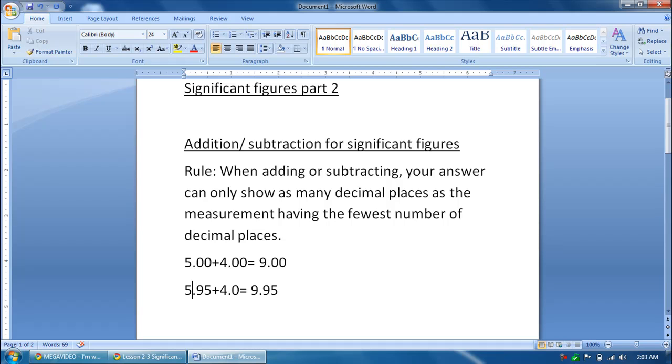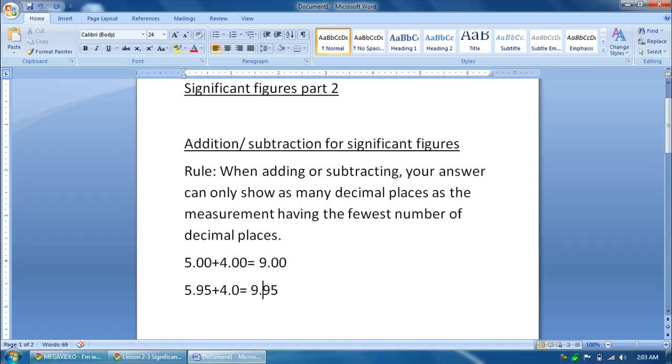If you look here, 5.95 has 2 decimal places and 4.0 has 1 decimal place. So what do you do? You round until you have 1 decimal place, meaning the tenths.